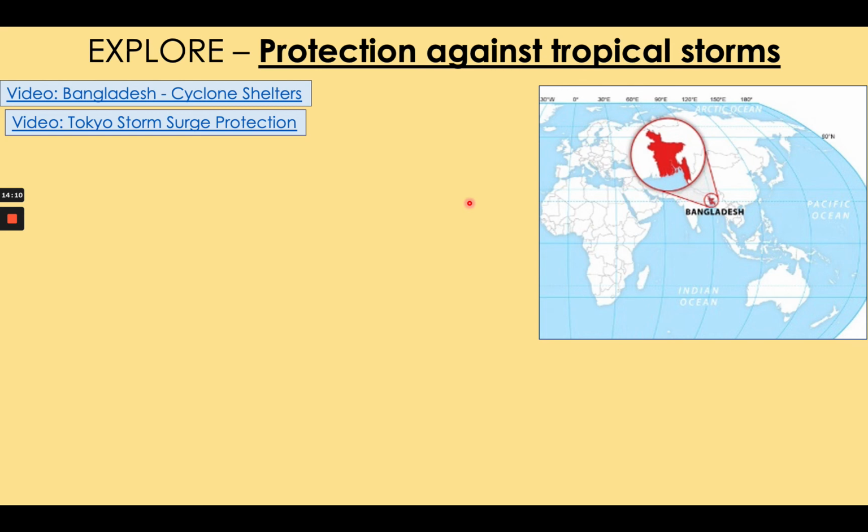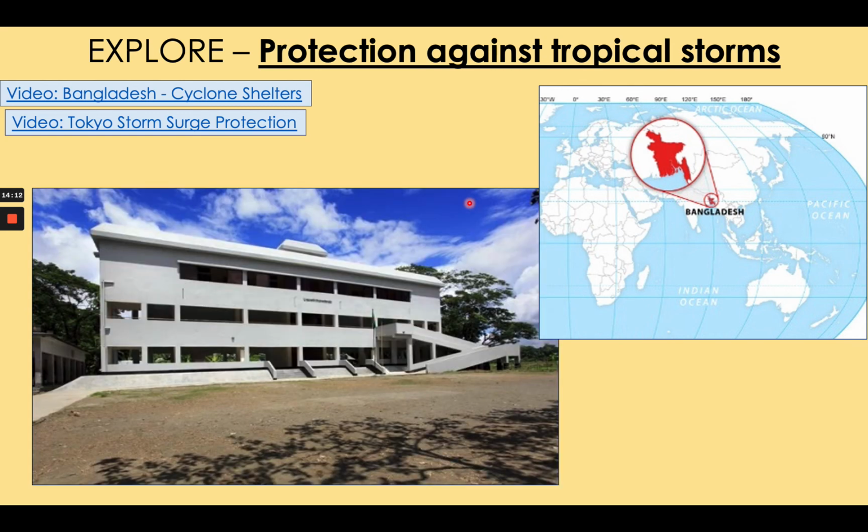So, in response, Bangladesh has built many of these. These are storm shelters, in particular, cyclone shelters in Bangladesh. They are enormous concrete buildings raised on stilts and built on higher ground. They have several stories to be able to hold more than 1,000 people in total. Reinforced roof, filled with many different types of supplies and water connection and sewage.